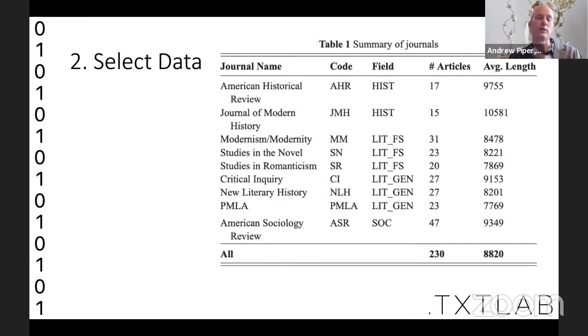Here in the book, you can see the breakdown of the number of articles we're looking at, the average length of the articles, how we coded them, et cetera, et cetera. This is to give you an idea. We're at about 230 articles that we sampled and that we studied, which is very important to keep in mind, is a very small cross-section of the entire field of literary studies. Nevertheless, the selection criteria are made prior to the study.